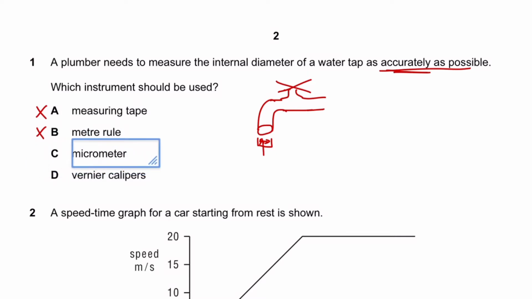C is micrometer. Micrometer does not have an internal caliper. You need a caliper which can measure internally. Hold up, that doesn't look like an internal caliper. It's supposed to look somewhere like this.